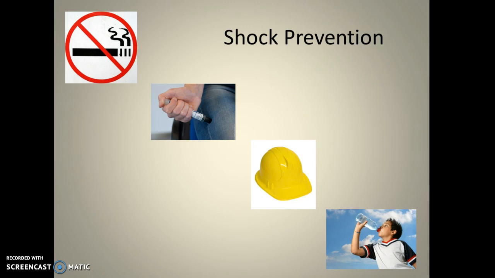To lower risk of blood loss from injuries, like we were talking about hypovolemia, wear protective gear. Lifestyle modifications include avoiding smoking. To lower chances of heart damage, eat a well-balanced diet and exercise regularly. And most importantly, stay hydrated.